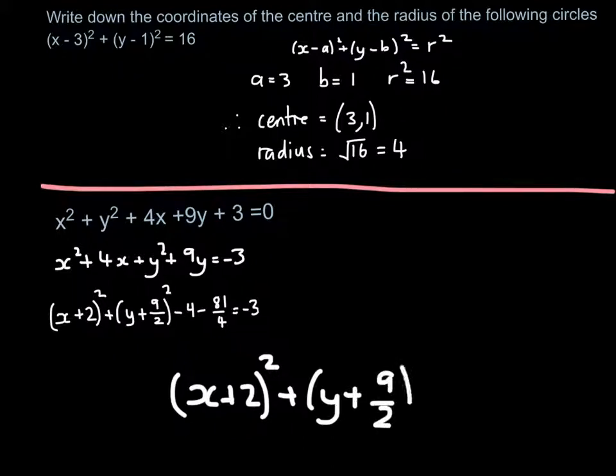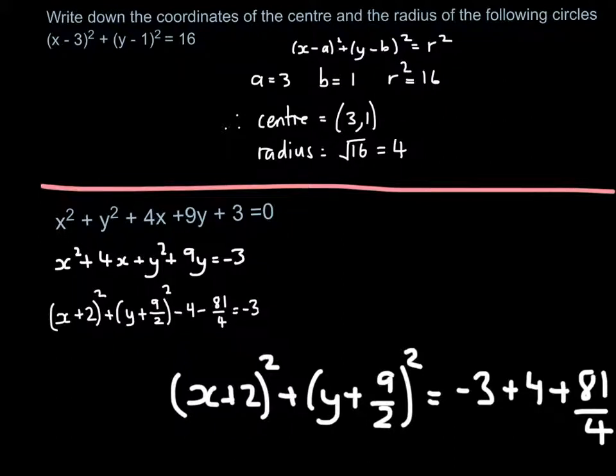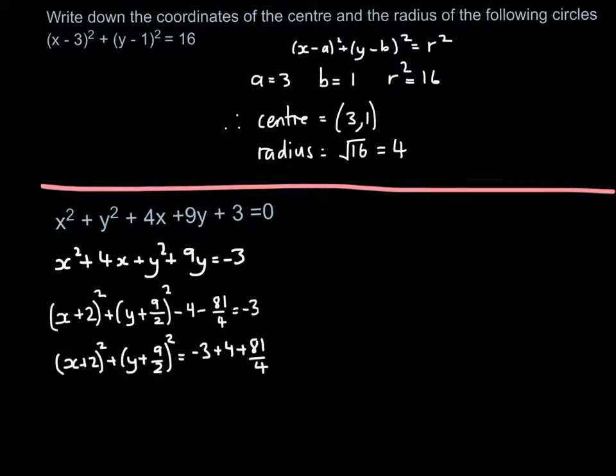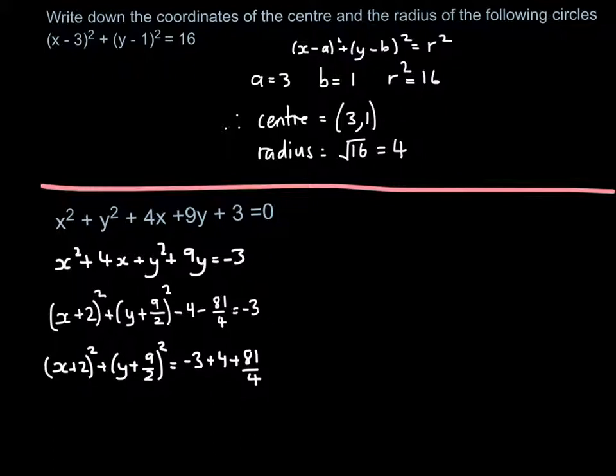So if I just rewrite that out, I'm just going to tidy up. I'm going to take all those numbers to the right hand side and then tidy things up. So I'd have minus 3 plus 4 plus 81 over 4. Okay, and then you can just use your calculator to work that out, and just leave your answer as a fraction if you need to.